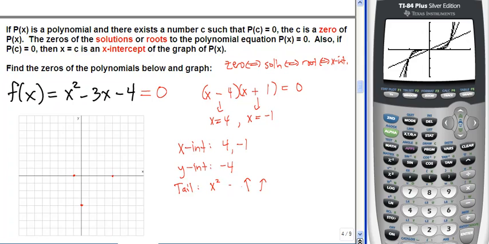So what we want to do is sort of put all of these pieces together. We know that we need to go through these 3 dots at the very least, and we need to be up on the left and up on the right. And these are the only 2 x-intercepts of this entire function, so you can't possibly go through and cross that x-axis anywhere else on the graph, only at these 2 dots.